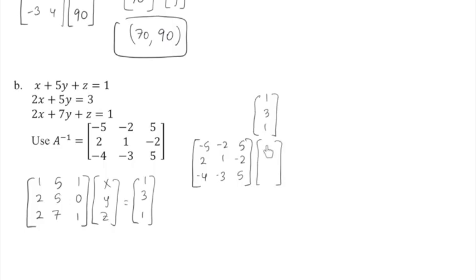Okay, so this entry is a combination of that row and that column. So this makes -5, that's -6, and that's +5. So -5 plus -6 is -11, plus 5 is -6. Now here we're going to combine this row to that column. So 2 times 1 is 2, 1 times 3 is 3, and -2 times 1 is -2.